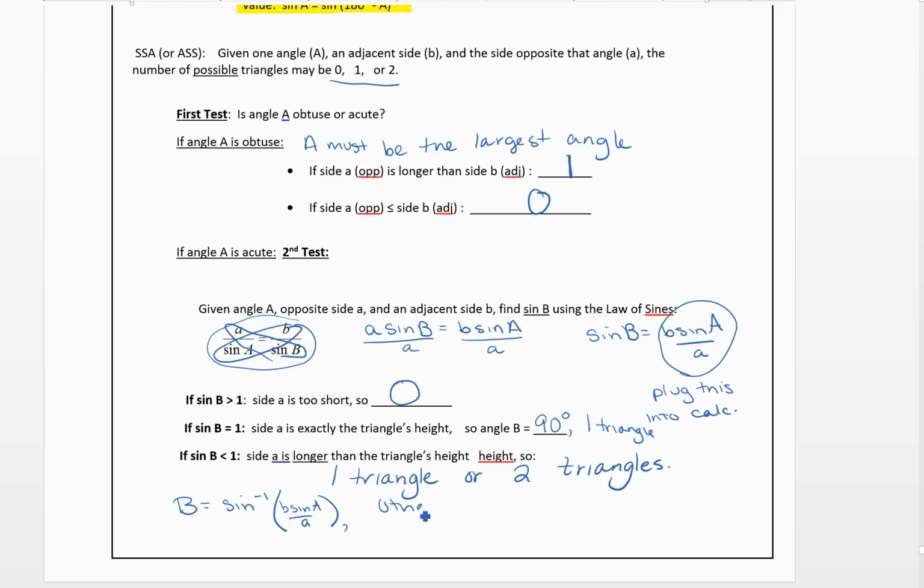The other possibility: you'll take 180 degrees minus the B you just found. If that new B works with the angle A you already have, so if that and the angle A you have are less than 180 together, then you get 2 triangles.